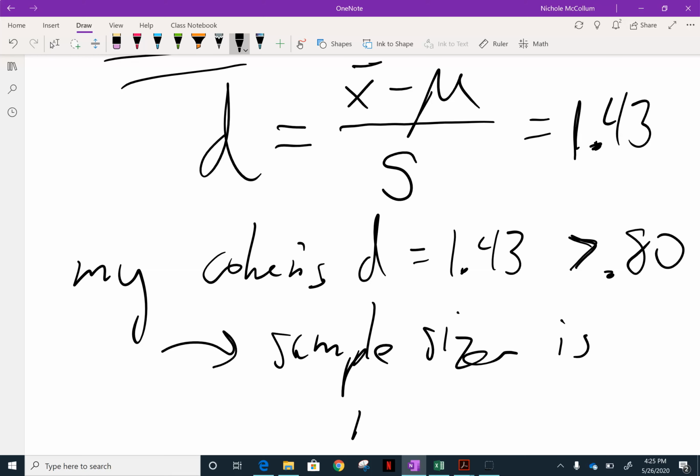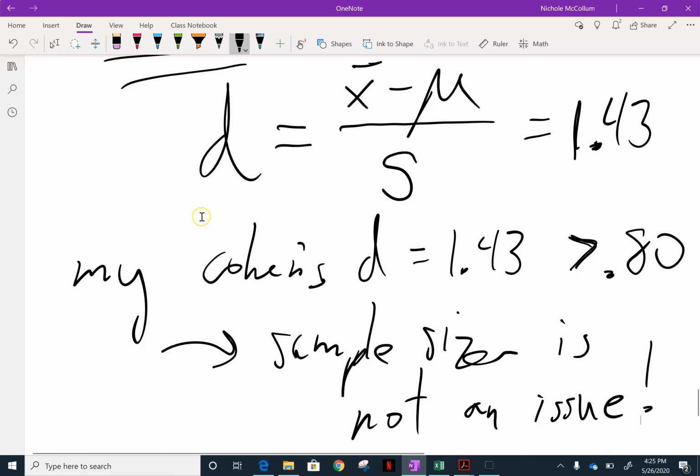is not an issue. Some people believe if you sample huge amounts of data, you might get a result that rejects just because. Cohen's d is a great way of saying, no. Look at my statistic, Cohen's d right there. It has nothing to do with sample size. It's just about effect. And my number is 1.43.